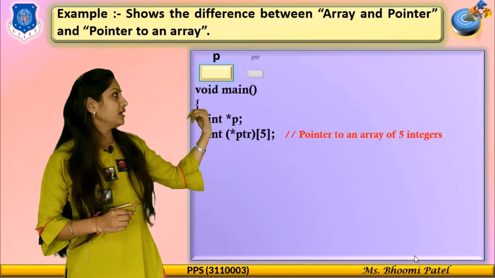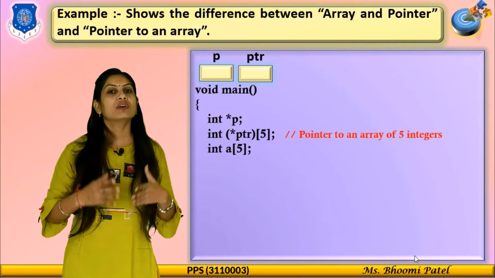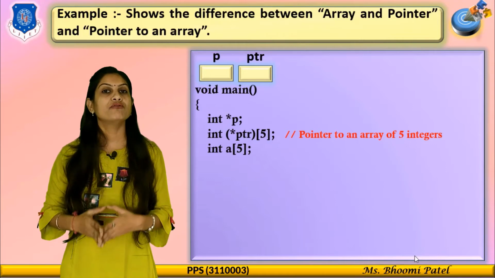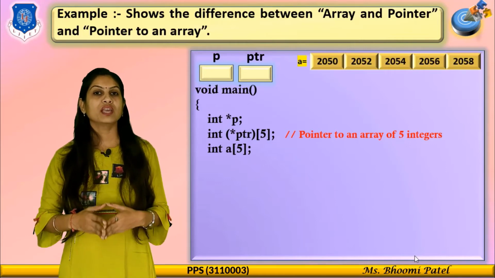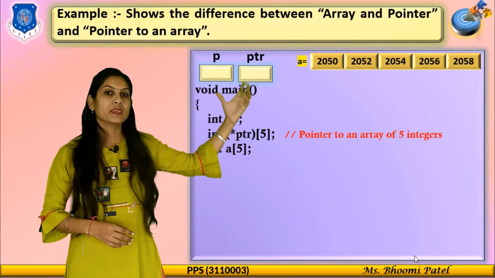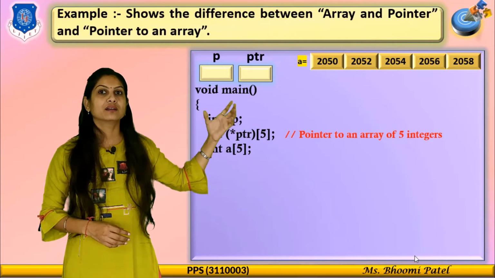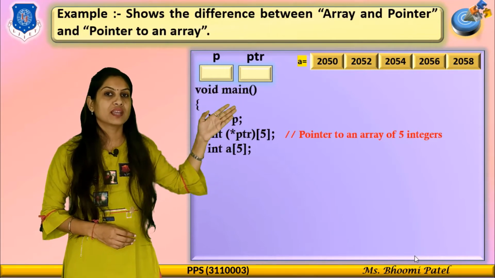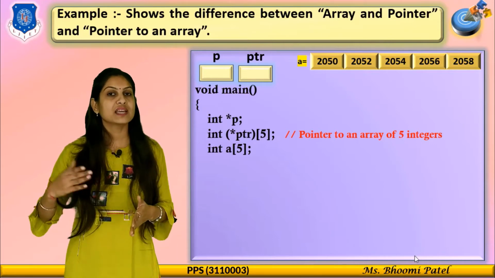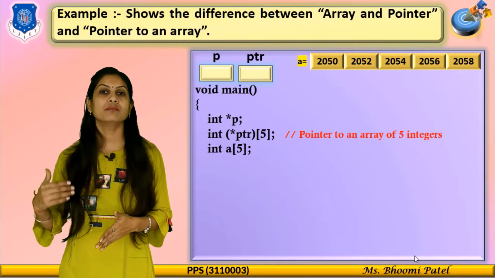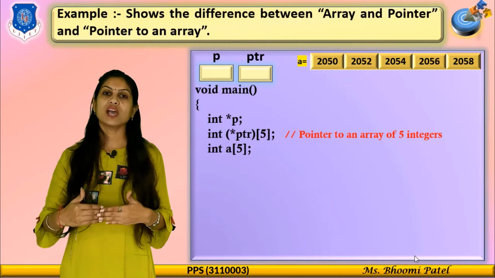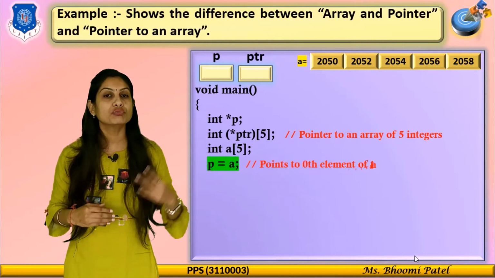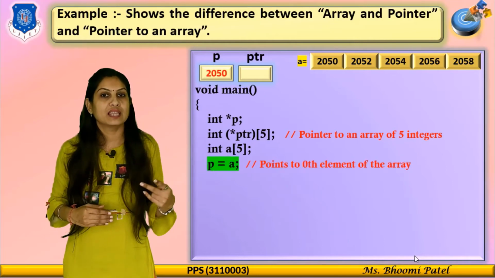Now int a[5] means we have one integer variable having 5 values. So here a has some different locations, like 2050 for the first element, 2052 for the second, and likewise. Each and every element of the array has some address, and now we assign our two different pointers using initialization.